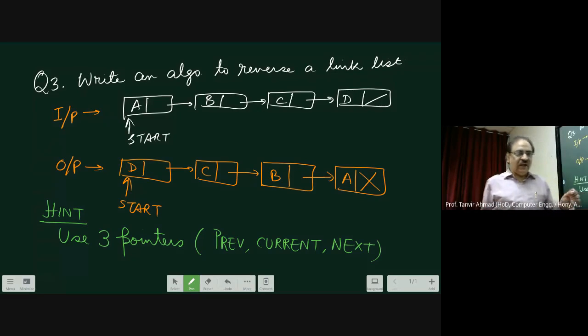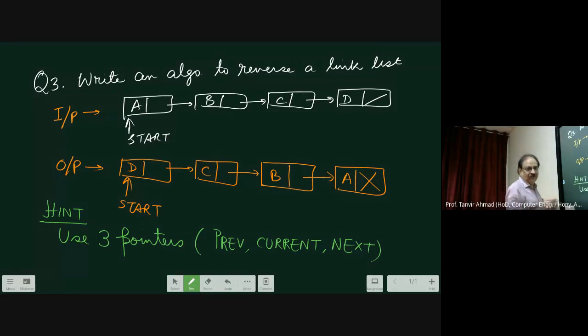Now before changing the next of current, what you do is store the value of the next node. That means next will contain the next node after current. Therefore, you write next is equal to current of link, because before that you have to save that value. I just write two lines and you try to say how it will work.